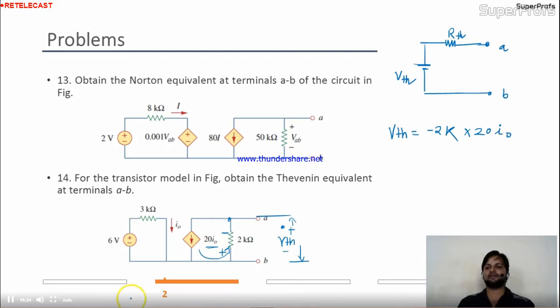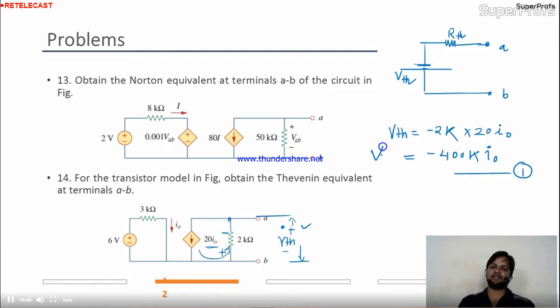Why this minus? Because my assumed direction of the voltage and the actual direction of the voltage are different. That's why this is the negative sign. When we finally draw the circuit, we'll keep the negative sign upside and positive sign downside. I hope this one is also clear to you. So this is nothing but minus 400k of I naught, equation 1.